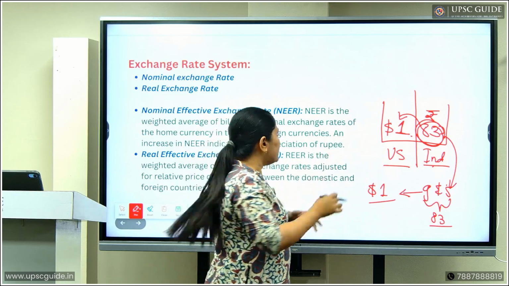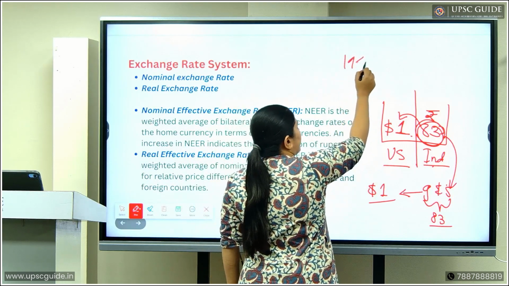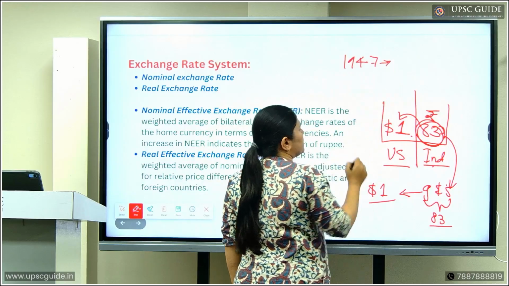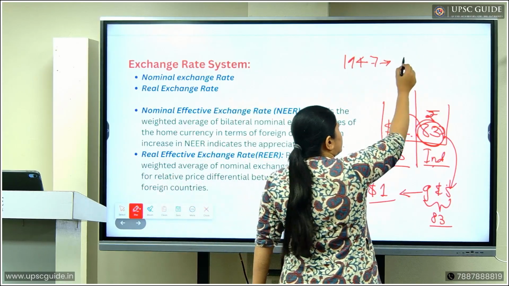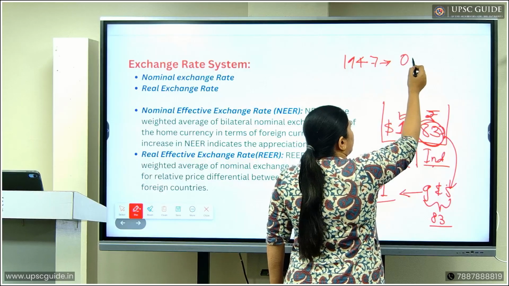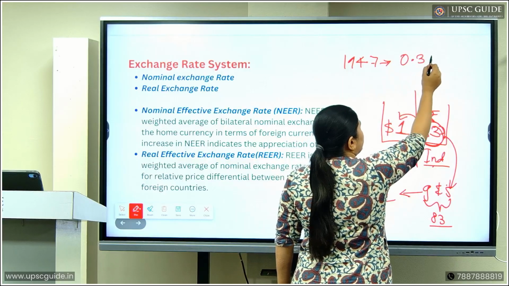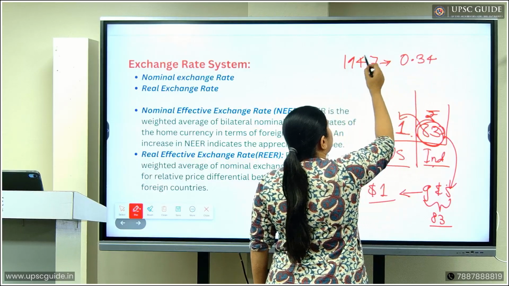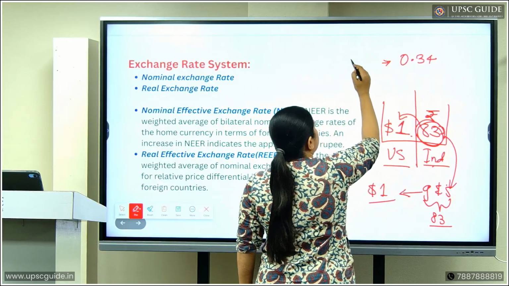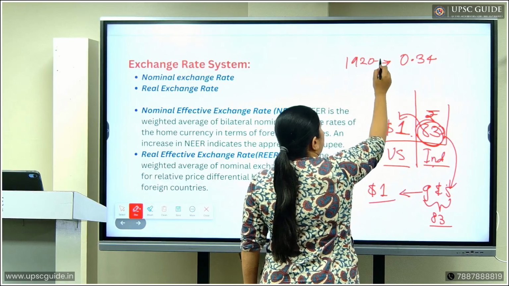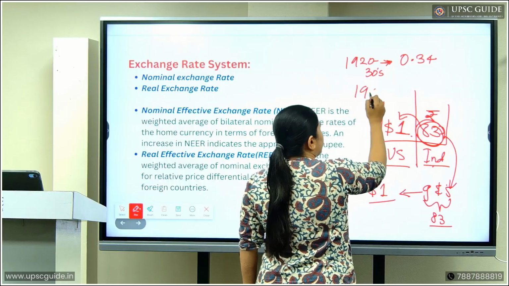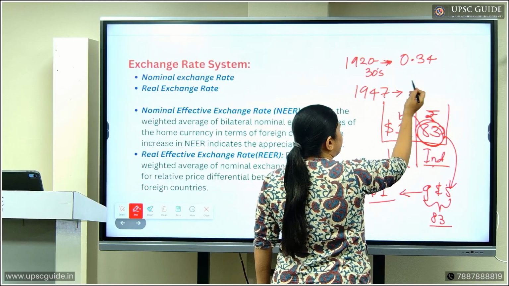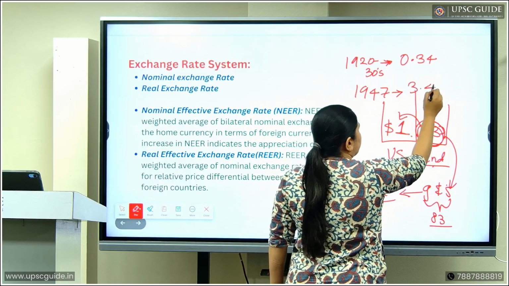अगर हम 1947 की बात करें, that time the US dollar was just near about 0.3 to 4. Not 1947, actually the 1920s and 30s. In 1947, it again increased up to near about 3.4.